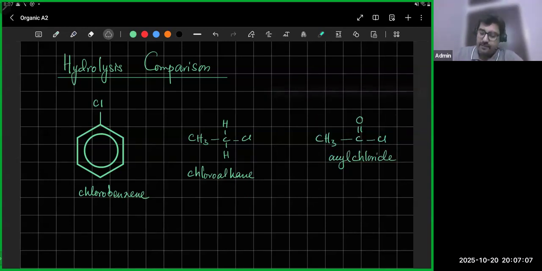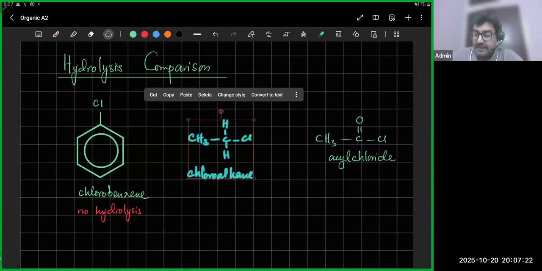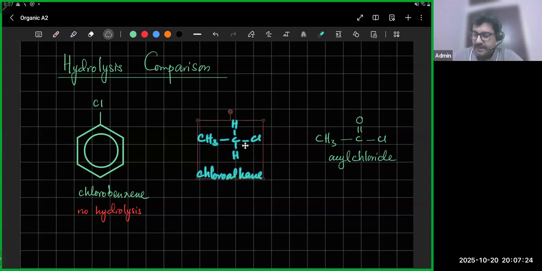You have no hydrolysis for the first one. Absolutely no hydrolysis or reaction with water. For the halogenoalkane, you studied it in AS. There were two different mechanisms: one of them was SN1 and you had an SN2 mechanism as well.